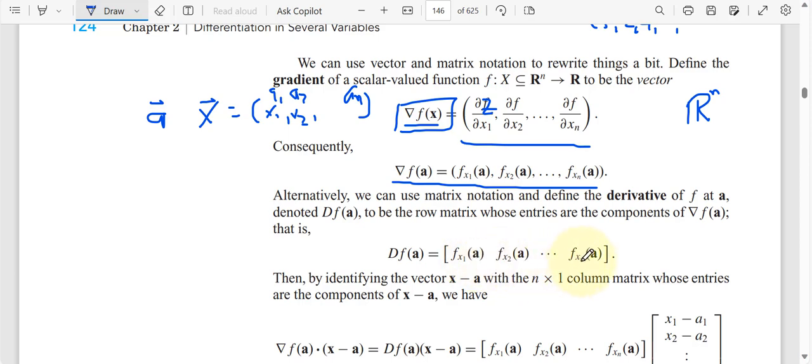Except for that, it's the same thing on the right-hand side. Now, when we have commas, that means we're talking about a vector, at least in her book, and when we have just spaces, that means we're talking about a matrix.